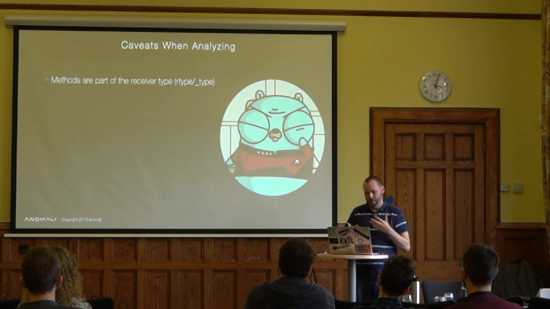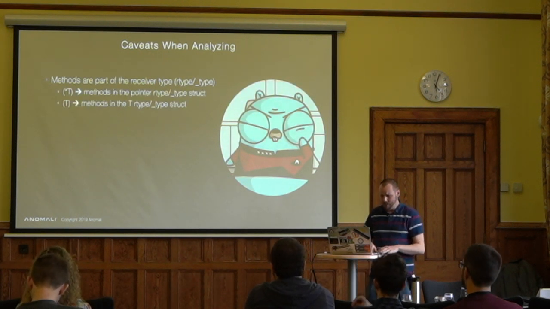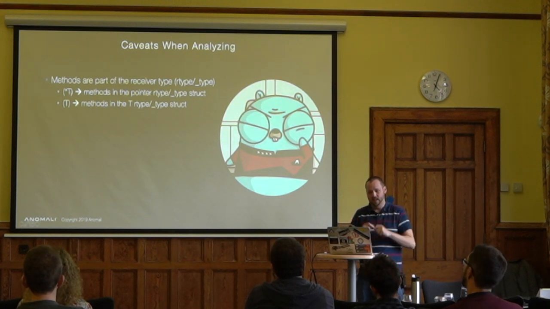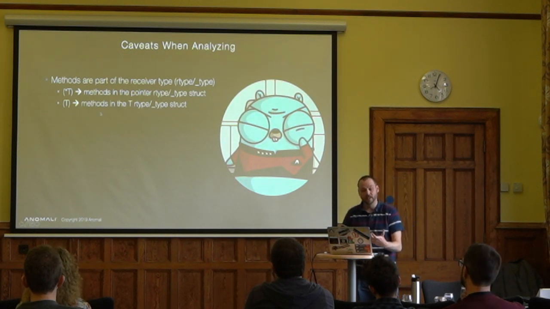It's very strict: not every pointer is the same, they define what they're pointing at. So if you define it on this type, it will be on that pointer versus the concrete version.